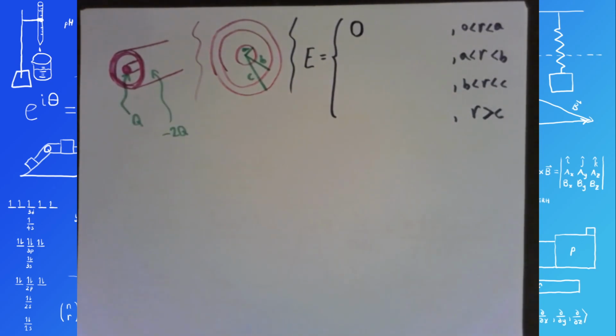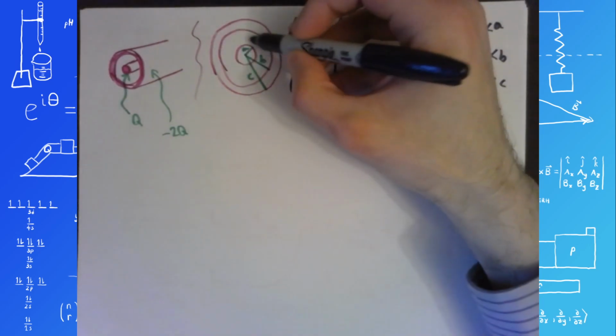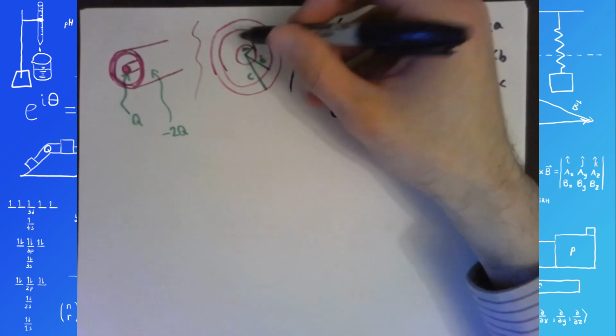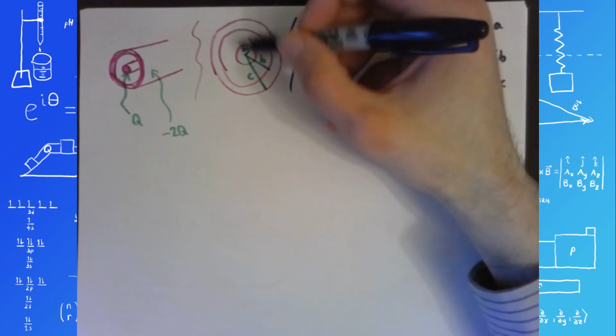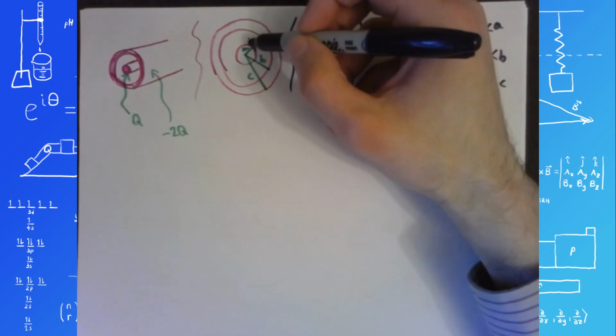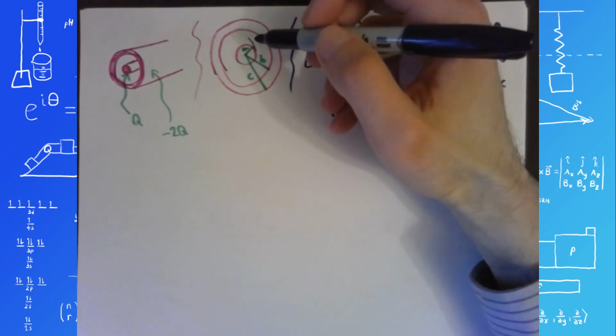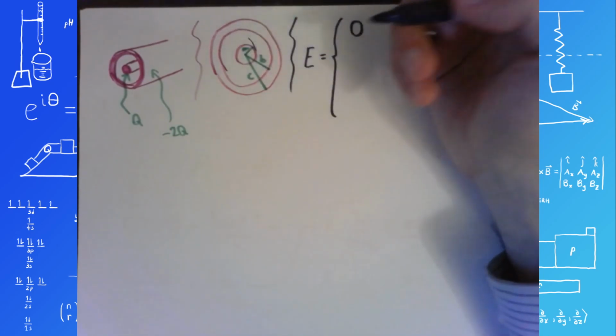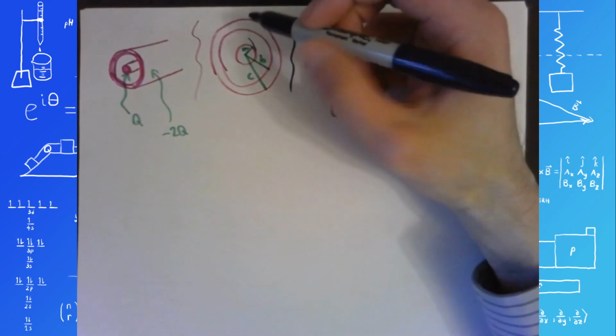And then in this region of space, you're not physically inside either conductor, so there is going to be some non-zero electric field here. Well, I mean, you could still do the math and have it work out to be 0, but chances are that won't happen.